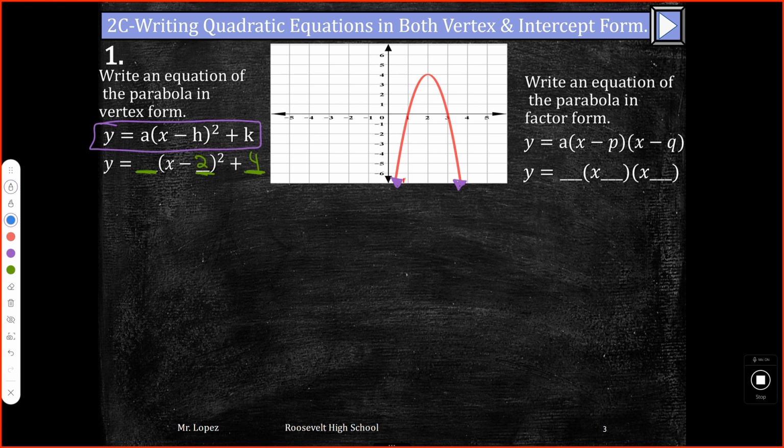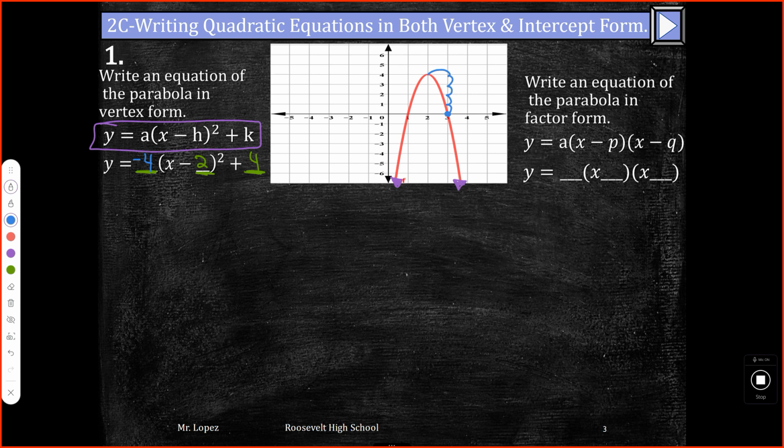If I go over 1 unit to the right, and I'm able to go down and hit the grid, then we're in luck. So we go down 1, 2, 3, 4 over 1. So the a value is -4. Okay, so we got the equation in vertex form.